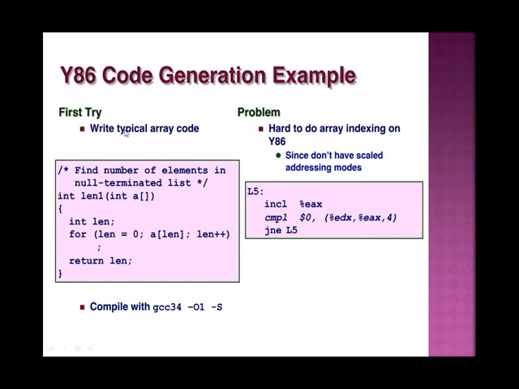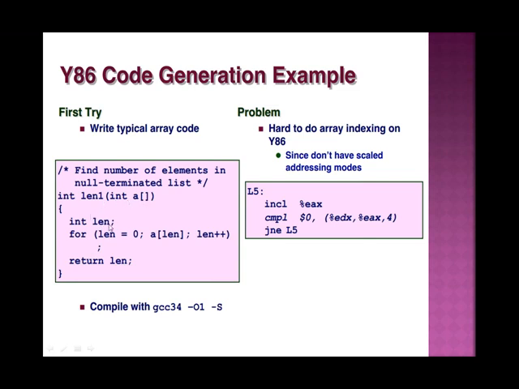This is your first try. Write typical array code that is used for finding the number of elements in a null terminated list. This is int len1(int A[]), curly braces, int len. Take one variable, len; this is the function name, this is the argument.